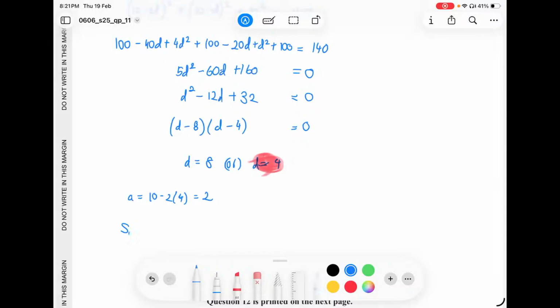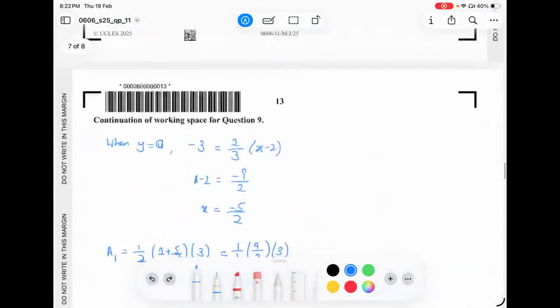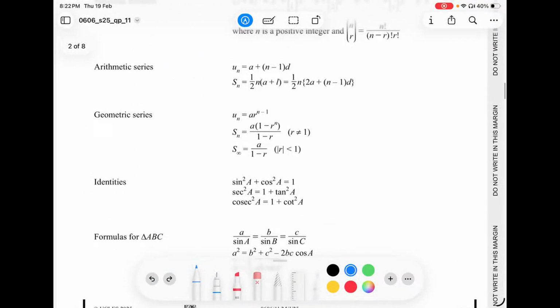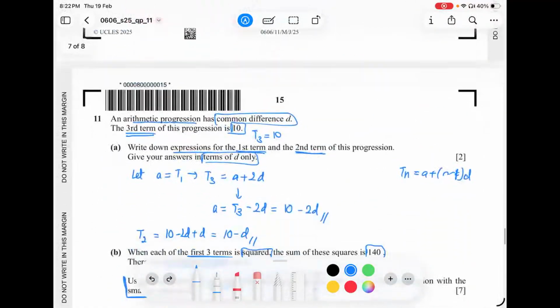S of 200, so the sum of the first 200 terms, you use the formula again. So what's the formula for Sn? So let's just refer to the formula sheet again. So here it's half of n times (2a plus (n minus 1)d). So that's your formula.